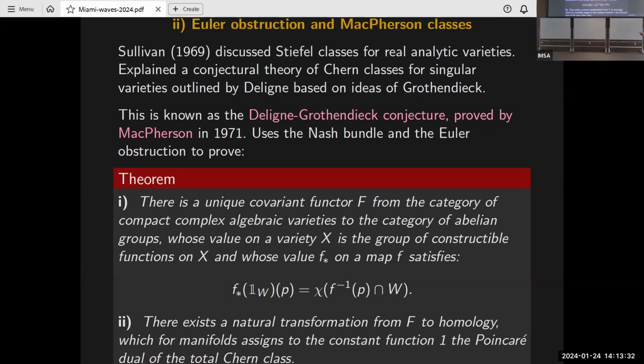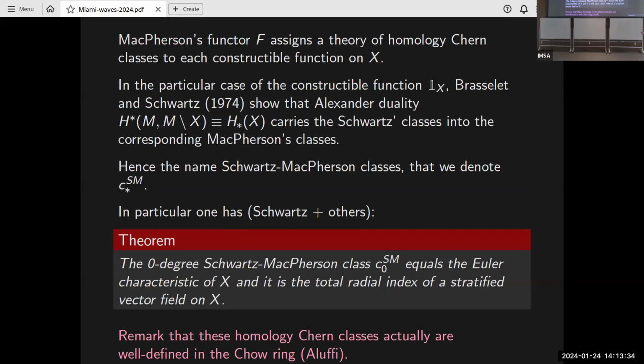And then a few years later, Brasselet and Marie-Hélène Schwartz proved that the Schwartz classes live here, the MacPherson classes live here, and that considering the MacPherson function for this constructible function, the Schwartz classes map to the MacPherson class. So these coincide, and this is now known as the Chern-Schwartz-MacPherson class.